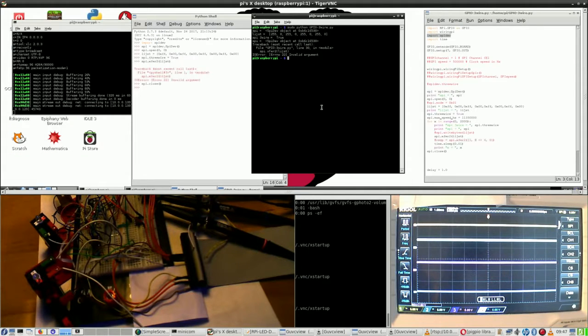On the internet I found one single post that says, why don't you use pigpio, which you might read as pig PIO, but it is pigpio, and I've used it before.